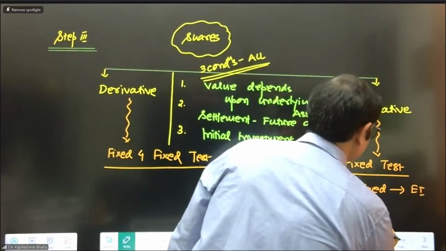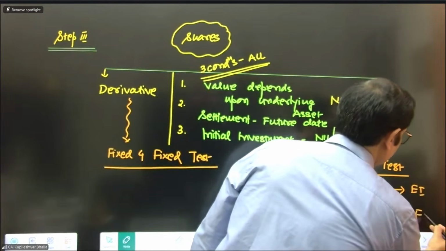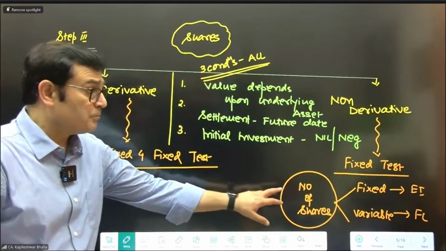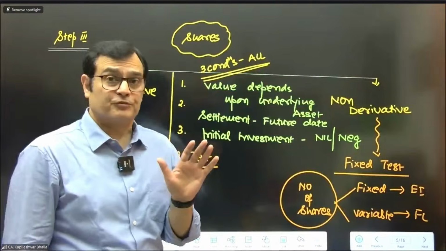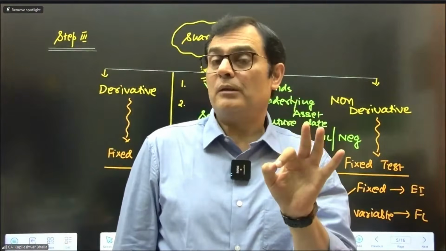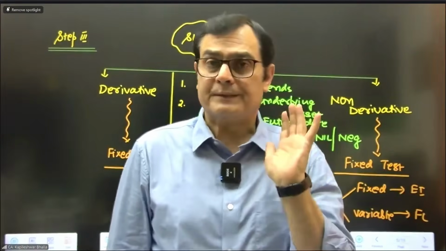And if the number of shares is variable, then it is supposed to be a financial liability. So in terms of non-derivative, your focus is purely on the number of shares. Is the number of shares to be issued fixed or variable?